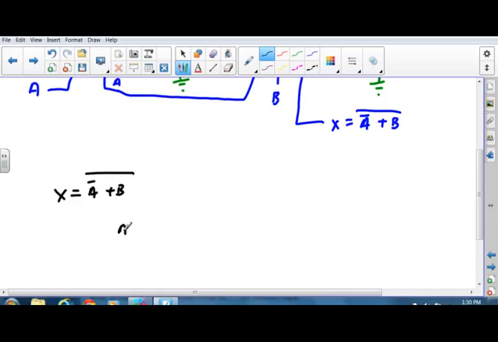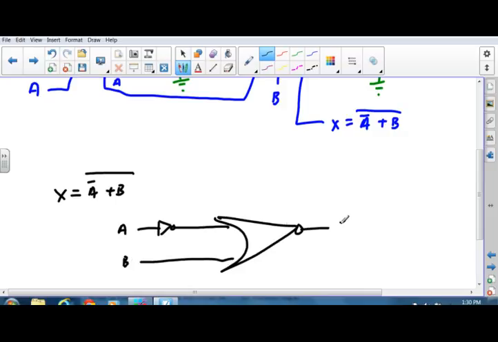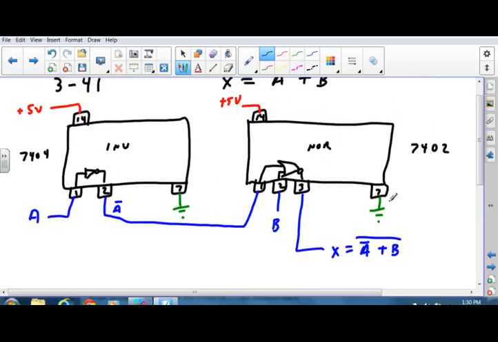I'm going to take A and knot it, and I'm going to take B and send it through a NOR to get X is A naught or B knotted. Maybe it'd be more clear to go through that intermediate step before I implement it on IC chips directly. So that may have been a better idea. Maybe next year I'll remember to do that first.